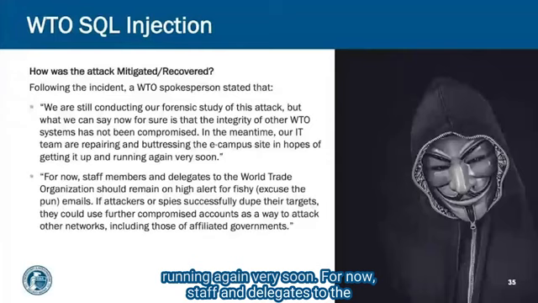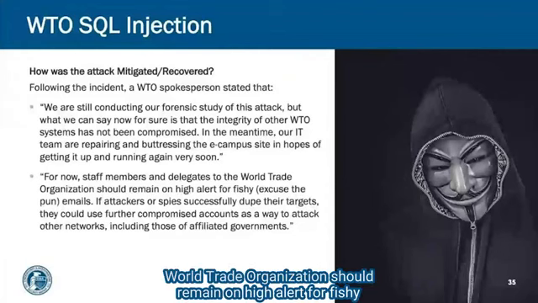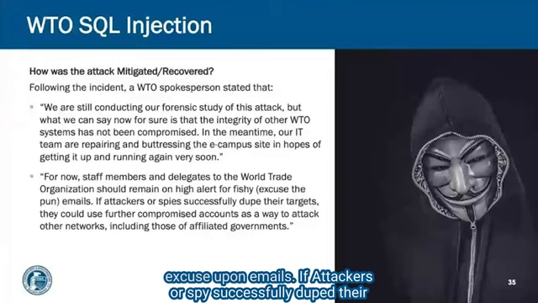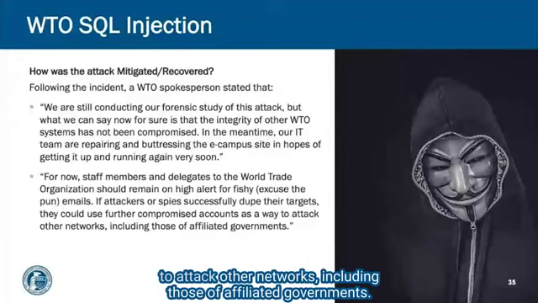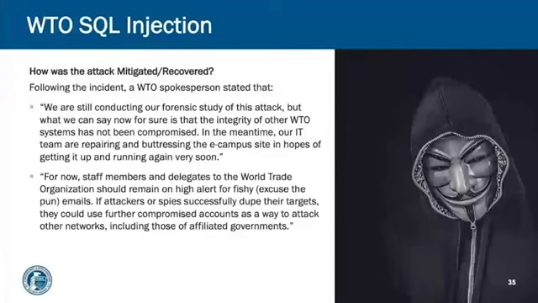For now, staff and delegates to the World Trade Organization should remain on high alert for fishy, excuse the pun, emails. If attackers or spies successfully dupe their targets, they could use further compromised accounts as a way to attack other networks, including those of affiliated governments.